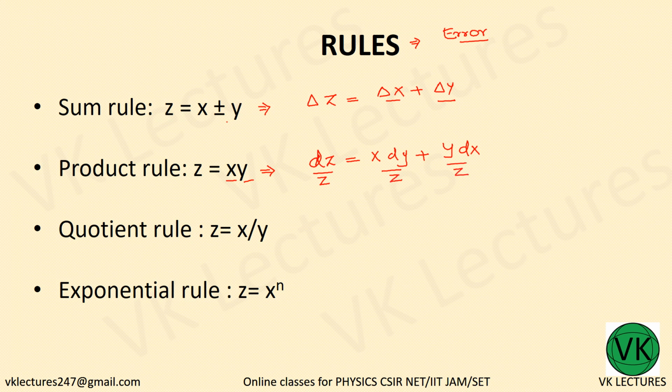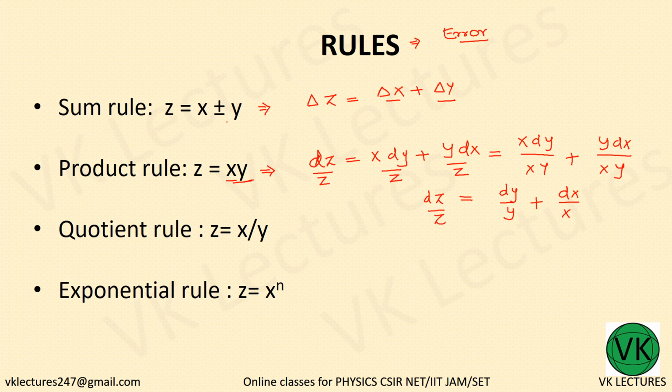Z is equal to xy. Then we can write it as x dy divided by xy plus y dx divided by xy. Now we simplify, removing whatever is common. So dy by y plus dx by x is nothing but dz by z.